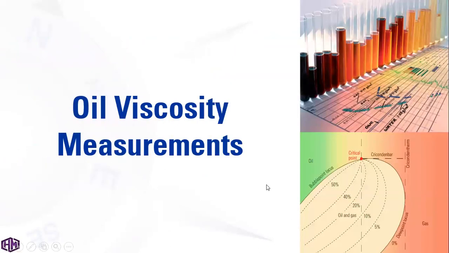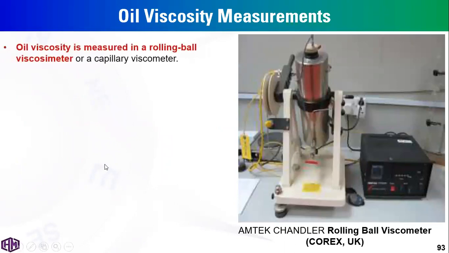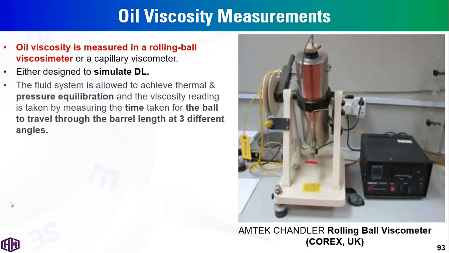The last part of the lab experiments is oil viscosity measurements. Simply, the viscosity is measured in this apparatus, which is a rolling ball viscometer. The concept is similar to the capillary viscometer. It is designed to simulate the differential liberation experiment.